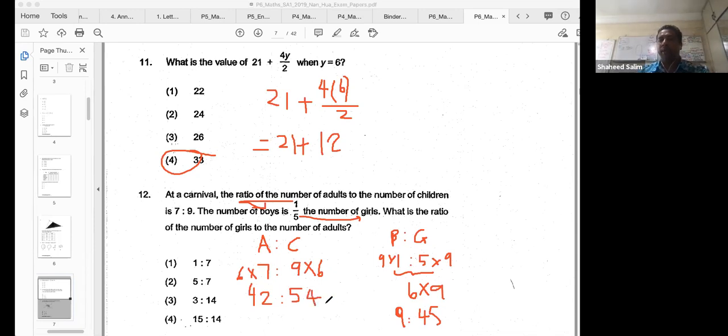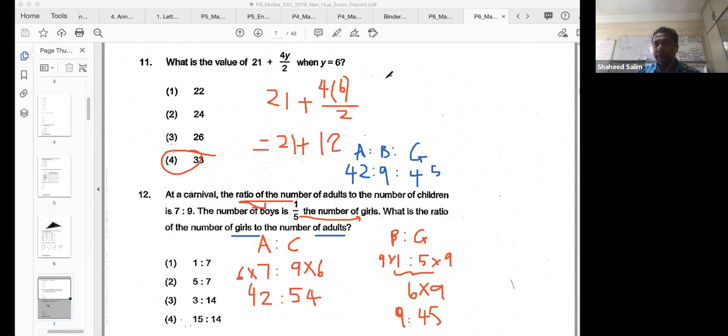Okay, now I'm going to write now down here. I'm going to write above here, a different color. Okay, adults to boys and girls. Adult down here, they say it's 42. Boys, we have already changed. It's 9. Girls is 45. So the question is, what is the ratio of the number of girls to adults?